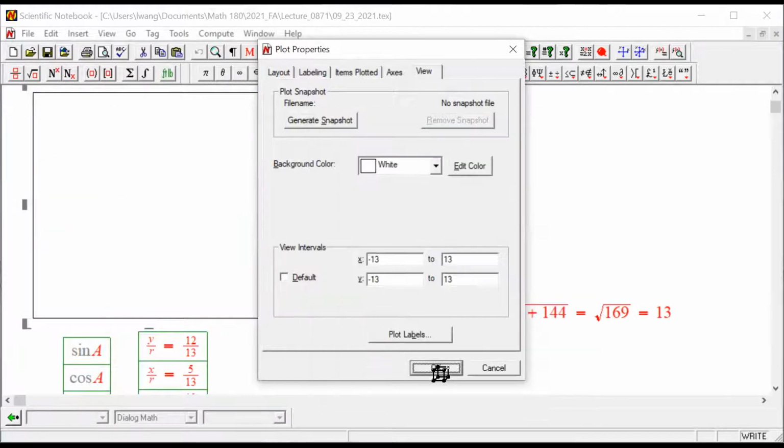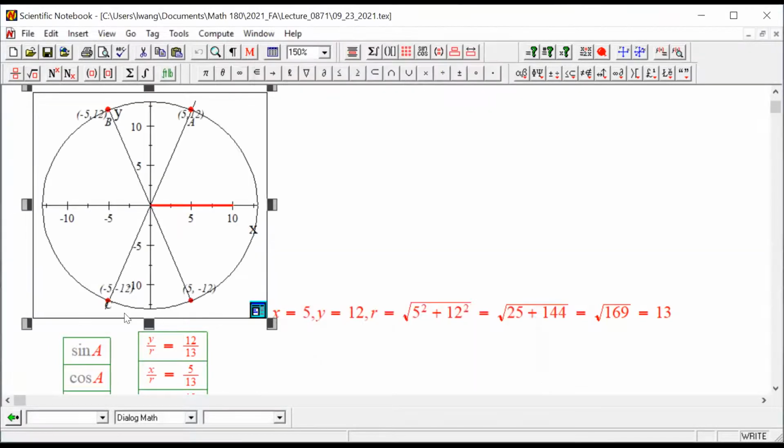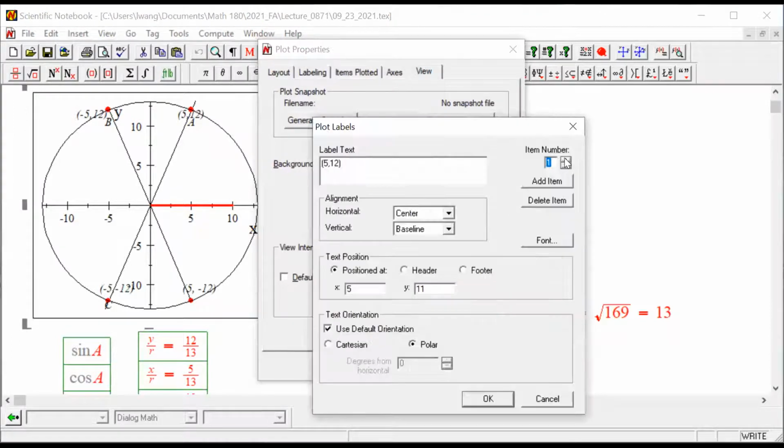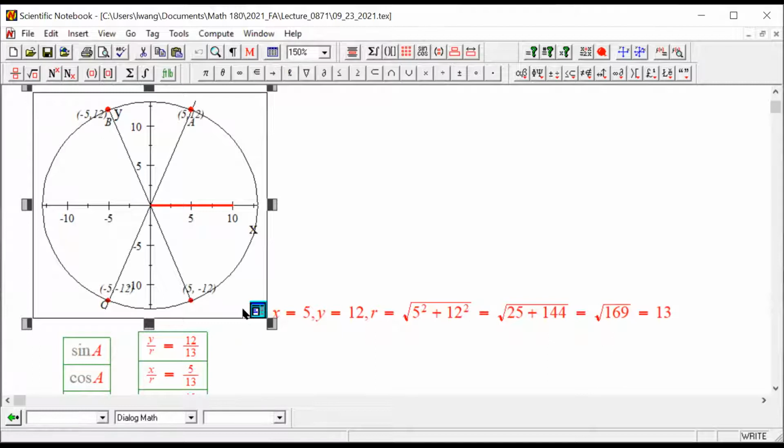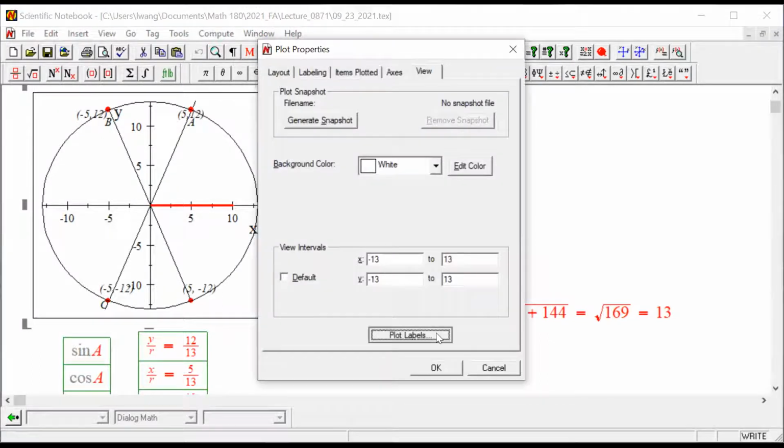Okay, this should be better. C. I see this is so troublesome for me. Okay, that's C. It's still so weird.